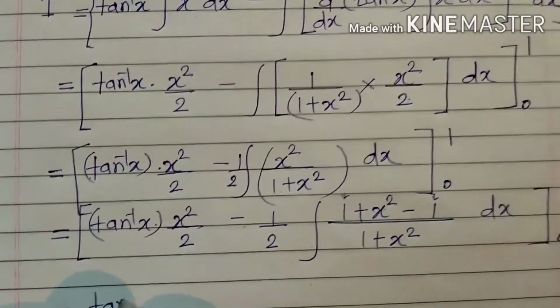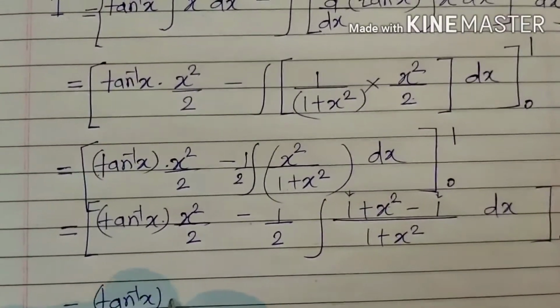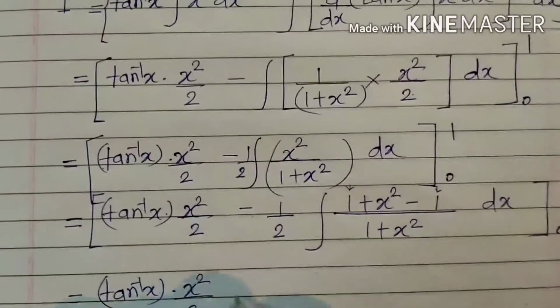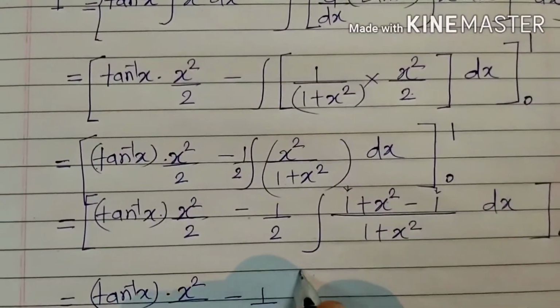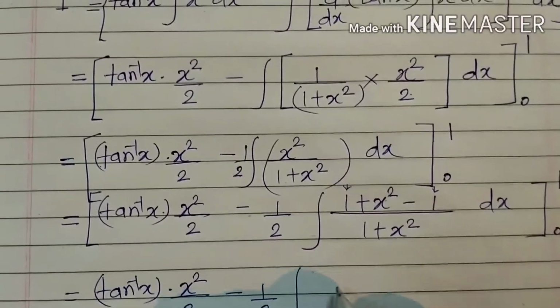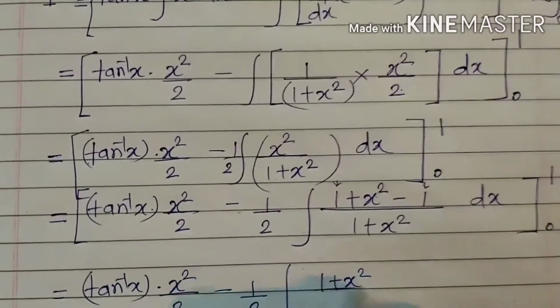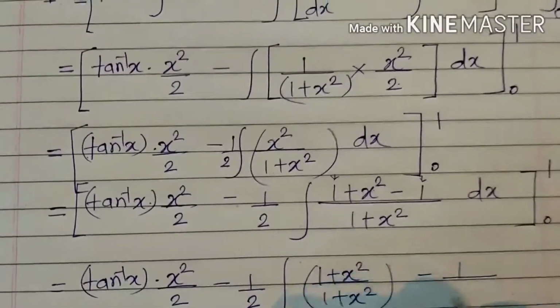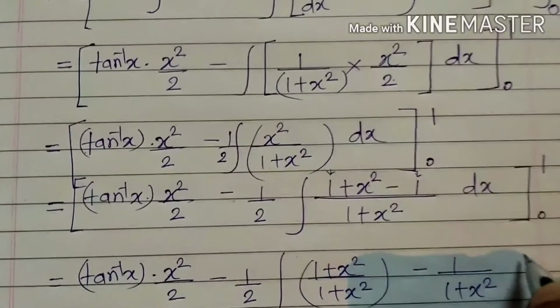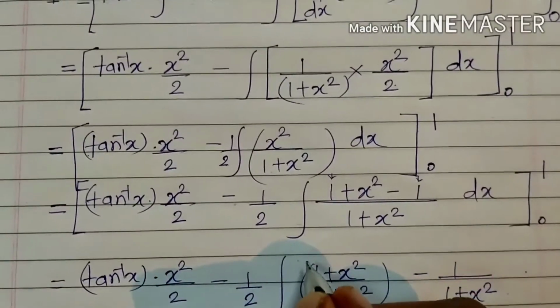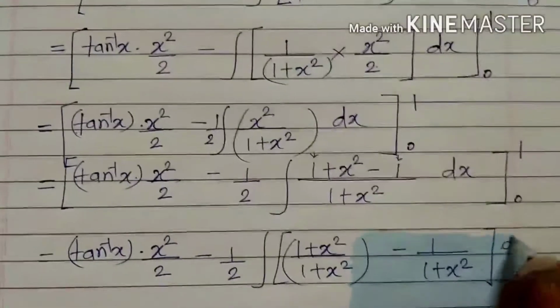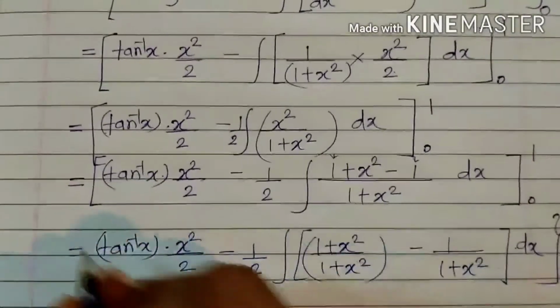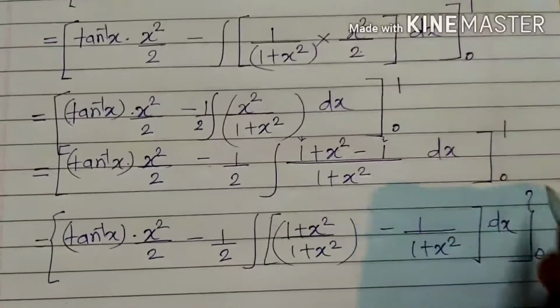Next step, tan inverse x into x square upon 2 minus 1 by 2 integration of, separate this, 1 plus x square upon 1 plus x square, and minus 1 upon 1 plus x square into dx, and the limits are from 0 to 1.